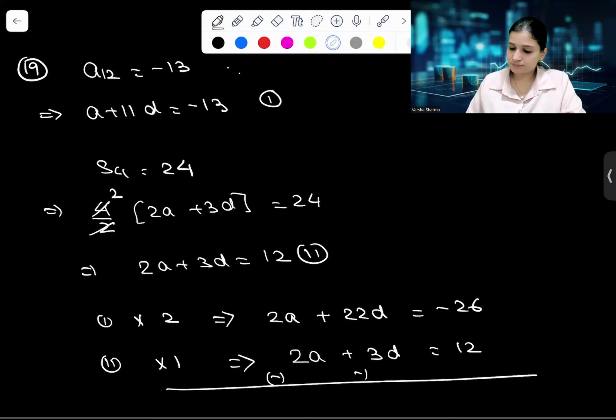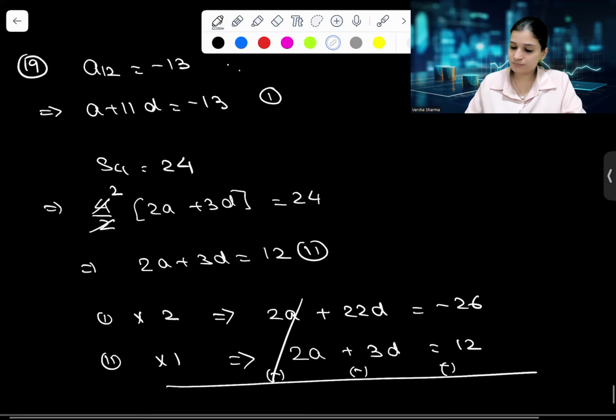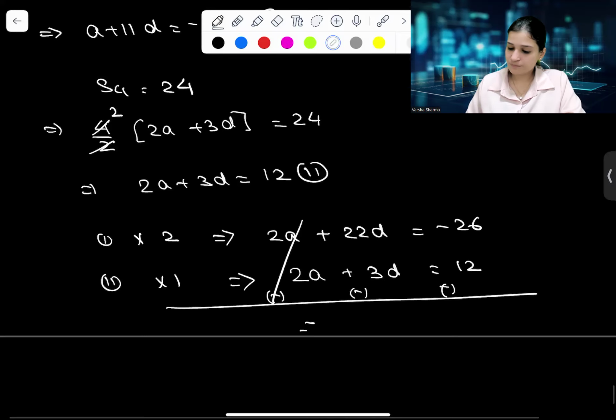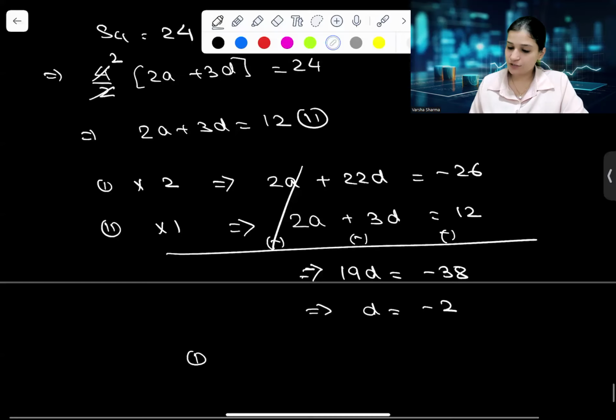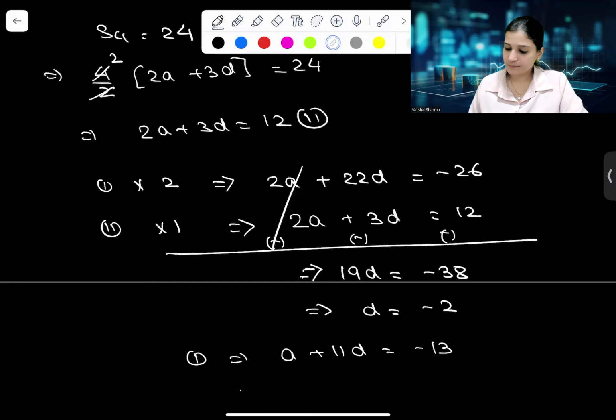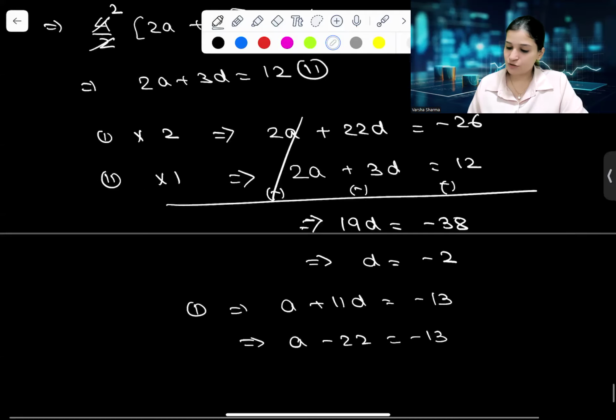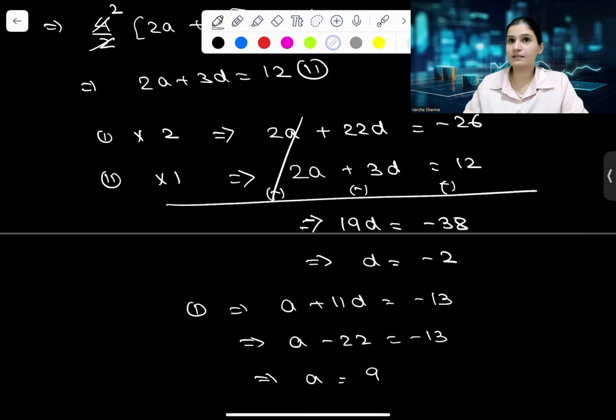I'm subtracting them. 19D is minus 38. So D will be minus 2. We can put this value in any equation. A plus 11D is minus 13. A minus 22 is minus 13. So A will be 9.